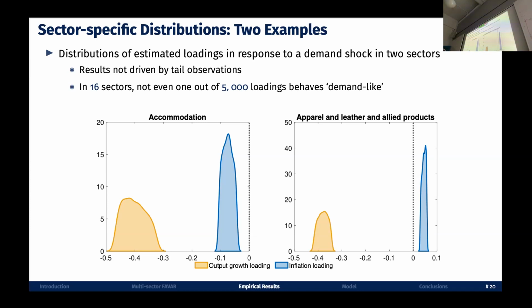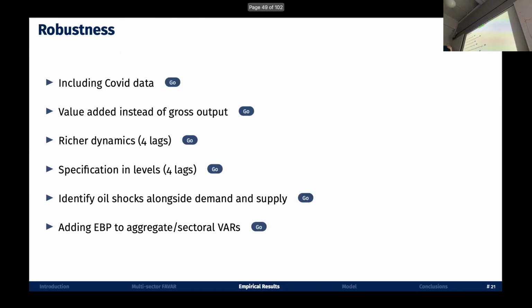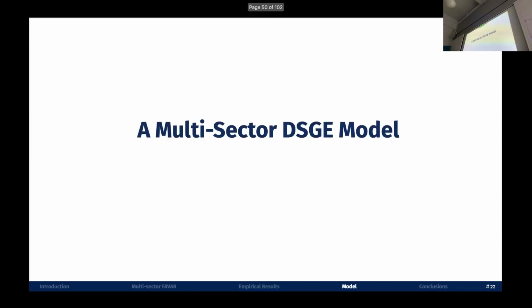And I think I can stop here. This is basically the main message of the paper. We've done a bunch of robustness exercises that take into account a few of these concerns. And maybe let me just mention what we do in the model very quickly.